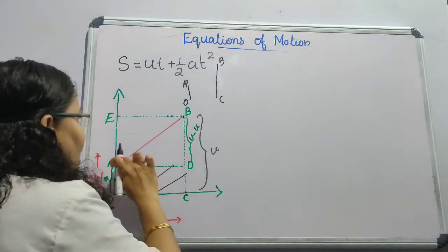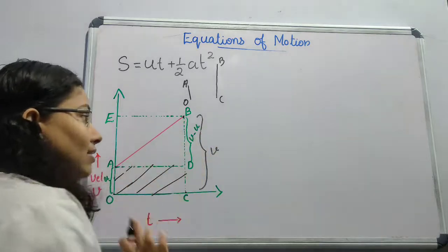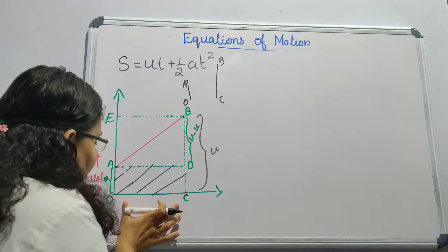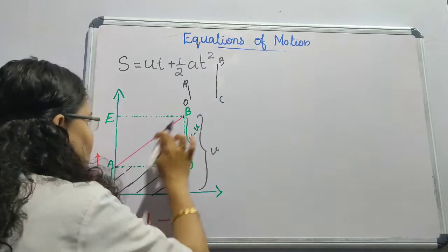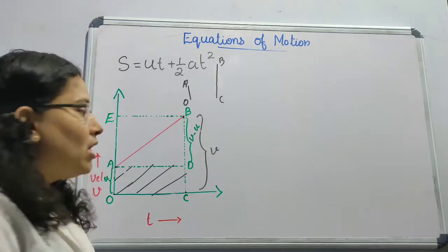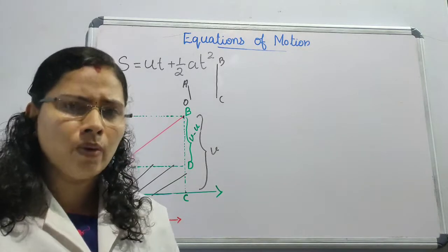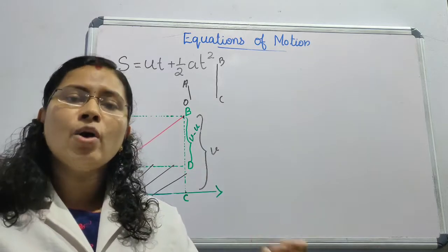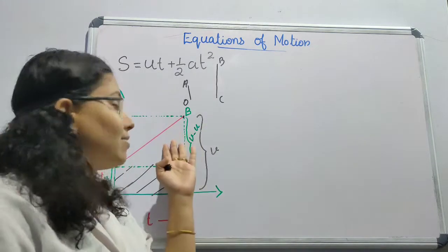AB is never parallel to OC, since this is the hypotenuse of the triangle and this is the side of a rectangle. So this is the trapezium.